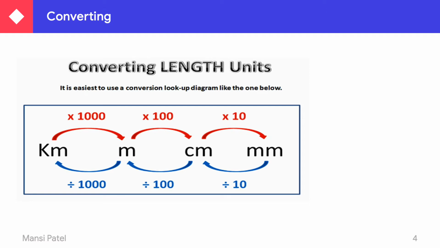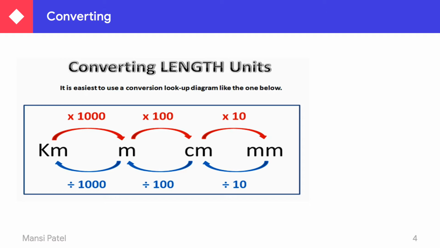Whenever a question is given in kilometer, and you want to convert kilometer into meter, you have to multiply by 1000, and if you want to convert meter into centimeter, you have to multiply by 100. When you convert big units to small units, you have to multiply.